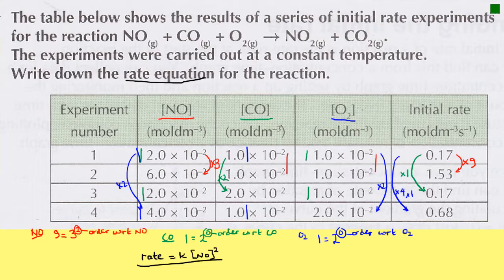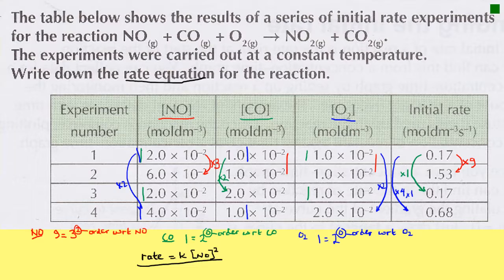So let's look at the concentration change that we make. We start off with 2 times 10 to the minus 2, and then in the second one we do 6.0 times 10 to the minus 2, which of course is a tripling of the concentration. So let's see what effect that tripling has on the initial rate. You can see that the initial rate goes from 0.17 to 1.53 moles per decimeter cubed per second. And when you look at that one divided by the other, you can see that that is times 9.